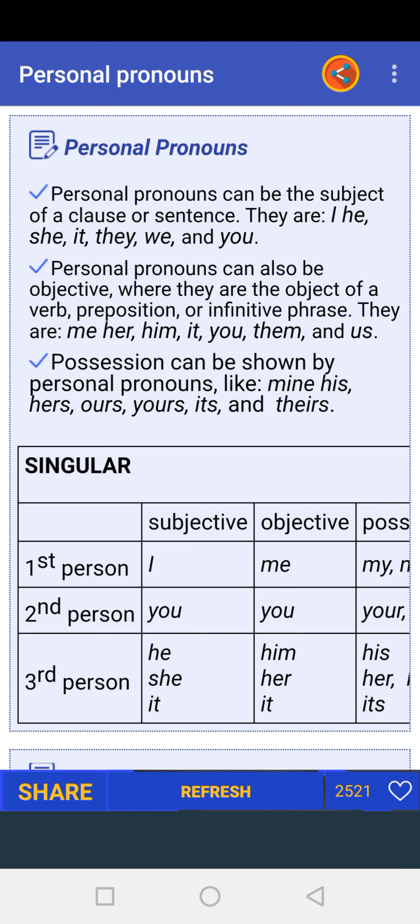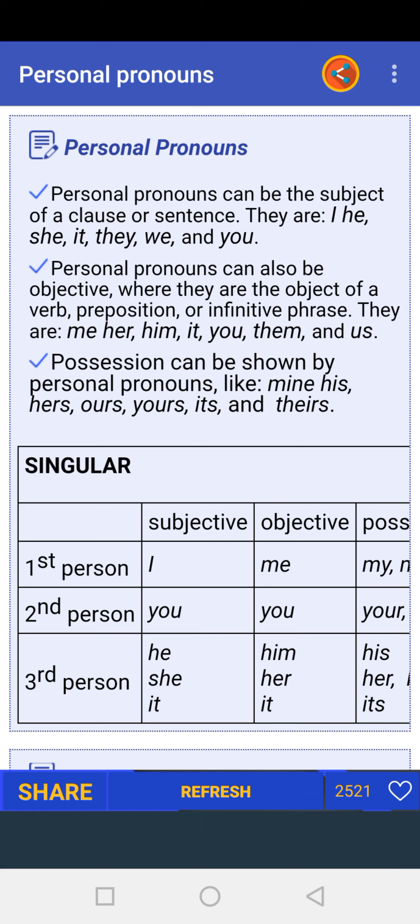So here we have the three types of personal pronouns: subject personal pronouns, object personal pronouns, and possessive personal pronouns. The subject personal pronouns are I, he, she, it, they, we, and you, and they play the role of a subject of the verb.